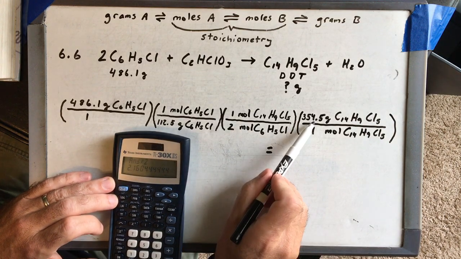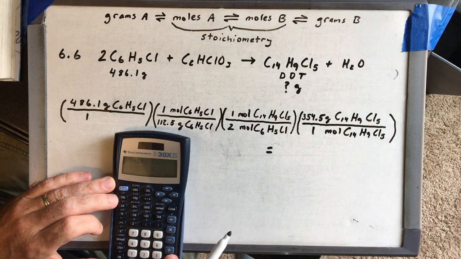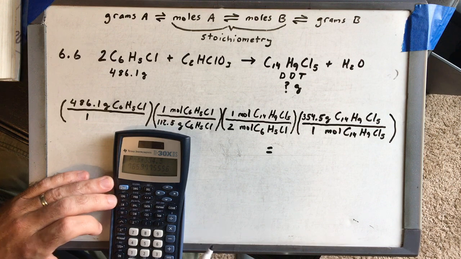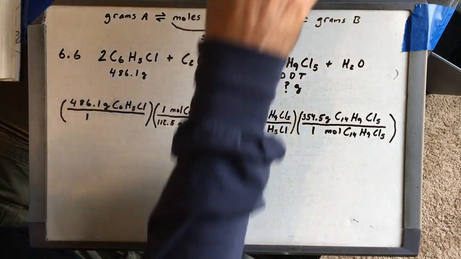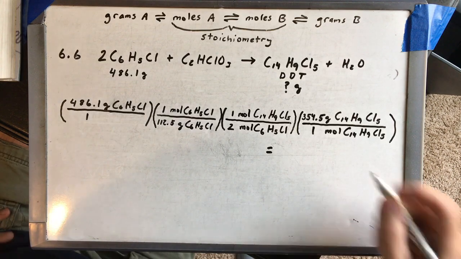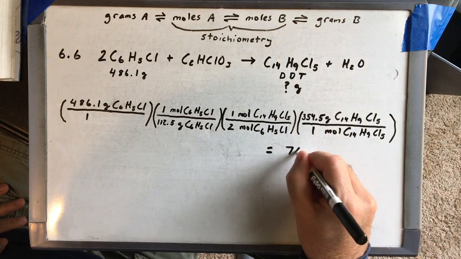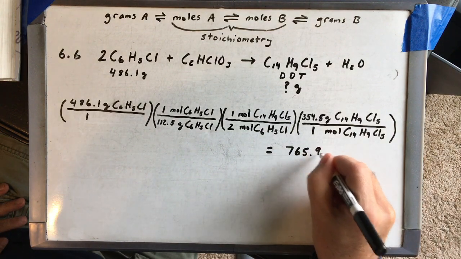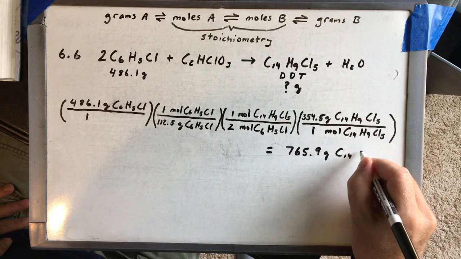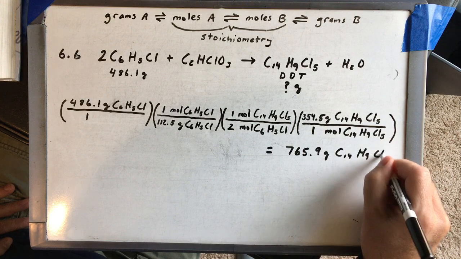And then multiply that number by 354.5. So 765.9 grams of the DDT, which is C14H9Cl5.